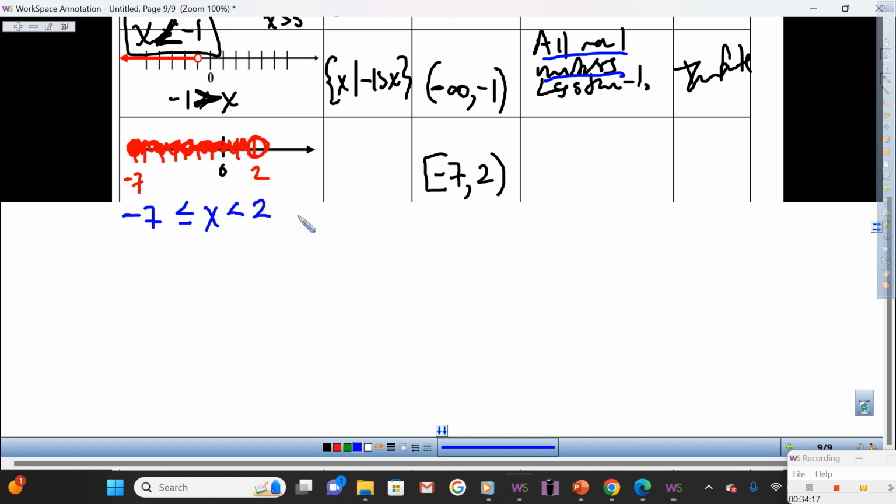Hands, have you got that? That is correct. Set notation: solution set of x such that negative 7 less than or equal to x less than 2, without the equal on that. All right. What does it mean, Martin?